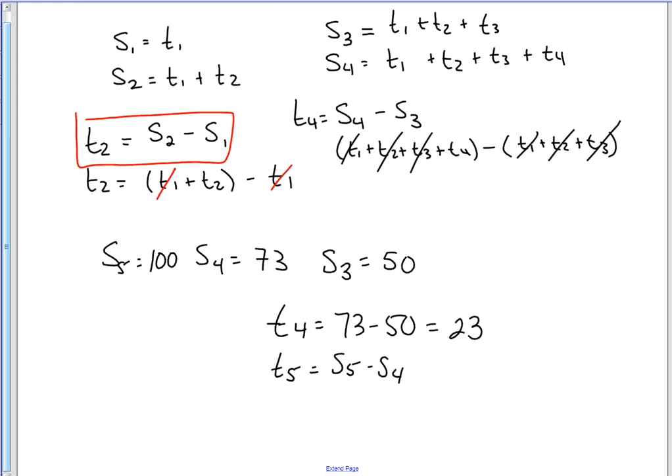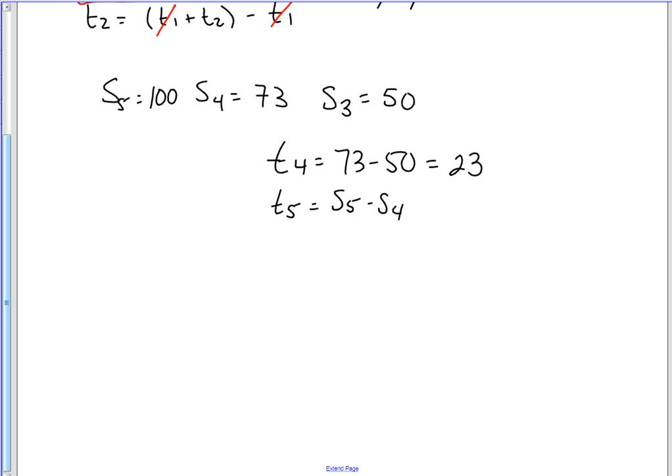When you subtract those consecutive sums, 100 minus 73 equals 27. So now you know the common difference, right? The common difference is 4. So term 4 is 23, term 5 is 27. It's a little bit of a tough concept to get your head around, and we'll do more questions coming up, more so in geometric stuff, but I just wanted to introduce you to that idea today.